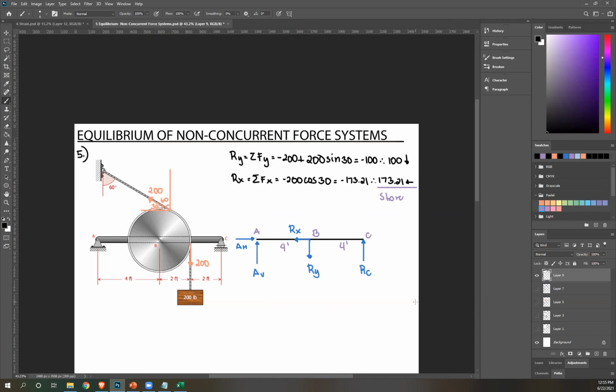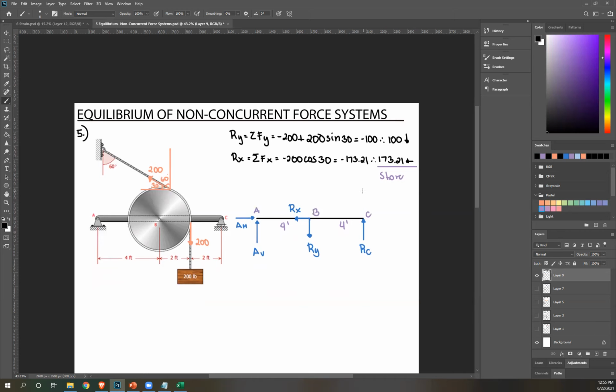I can finally solve for the unknown. So let's begin. The goal is to get the reactions at C and A. If I take moment at A, I can solve for reaction at C. AH and AV pass through A, so ignoring that.